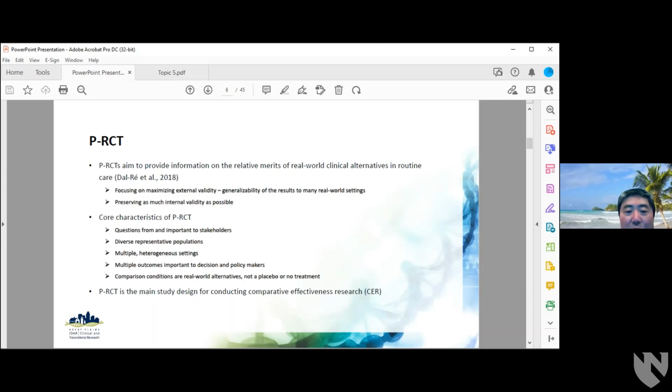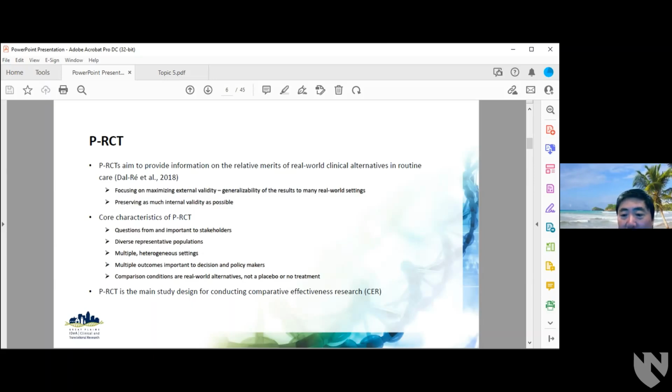Also, generally for the PRCT, the comparison is not a single treatment versus placebo. Normally, it's compared with alternatives. You have multiple interventions and treatments. You want to demonstrate the new treatment you developed is better than the others from different aspects.